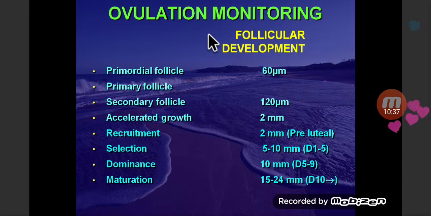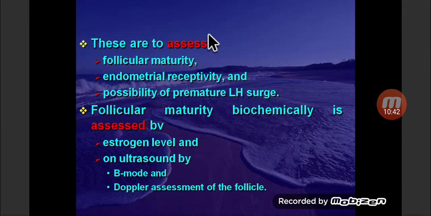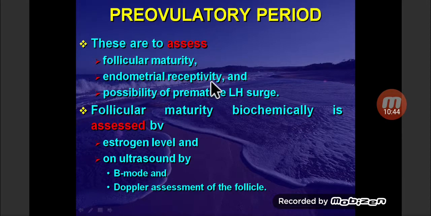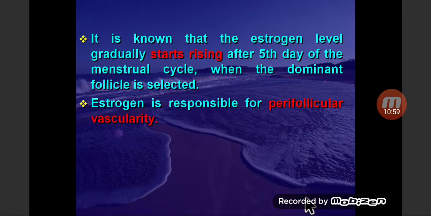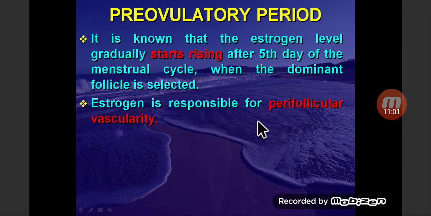Coming on to follicles. This portion you're assessing for follicular maturity. We've done the endometrium. Follicular maturity is assessed biochemically, and on the ultrasound you can do your B-mode and Doppler assessment. You need to be listening to these 3-4 slides because that is what is going to tell you the sequence of events.